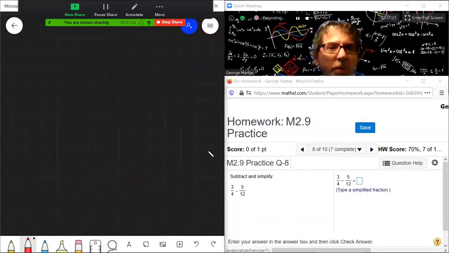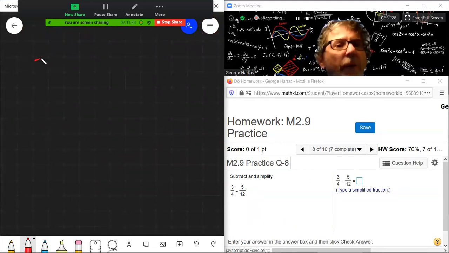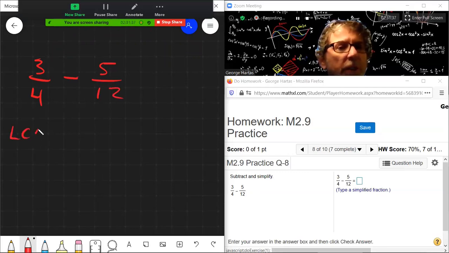One list of multiples or the factor tree, while I'm writing this down. And you said one list of multiples, correct. Can 4 divide into 12? Yeah, done.